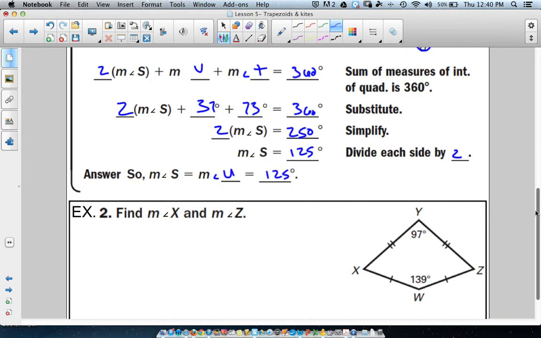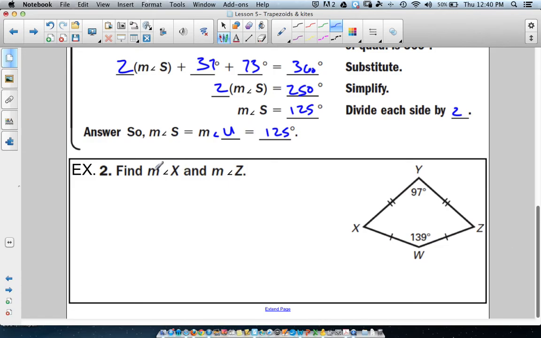Do you want to do another example? Well, what we do here is 2x plus 97 plus 139 equals 360. Now, let's take a look here. 97 and 139, I don't know what that is off the top of my head. 6, carry the 1, 2, 3, 136.